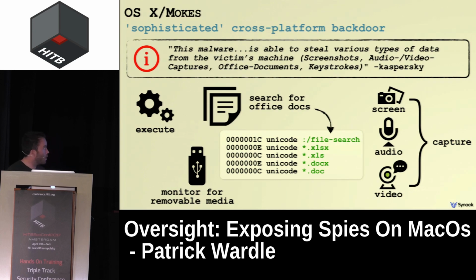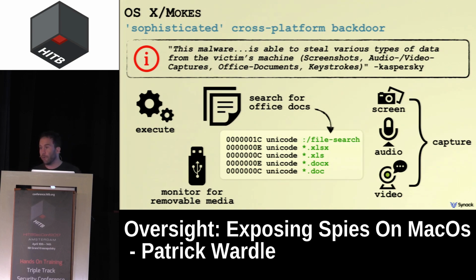Next up, we've got OSX Smokes. This was discovered in September, so last fall, another pretty recent sample, by Kaspersky. It's a cross-platform backdoor that supports a wide range of capabilities, again more focused on intelligence gathering. It was able to execute commands and had some interesting search capabilities. For example, it searched the file system for various documents and would exfiltrate those.